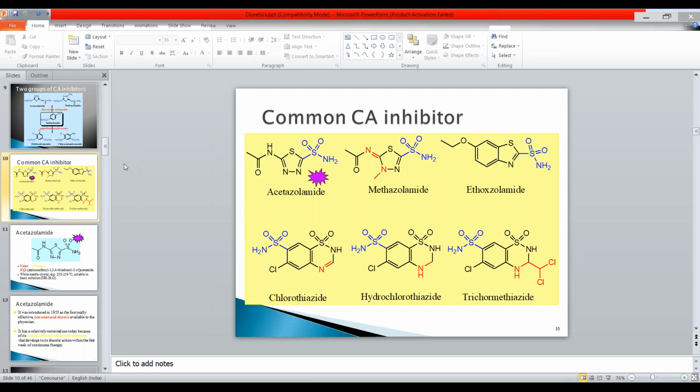Type 2, Roman number 2, type 2 CA, that is carbonic anhydrase, which is present intracellularly.